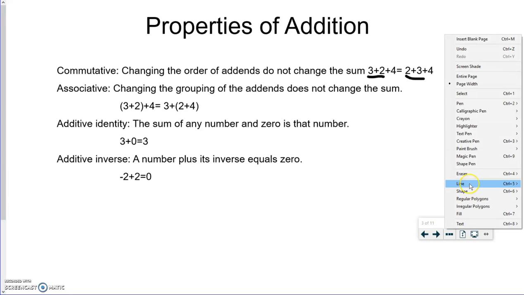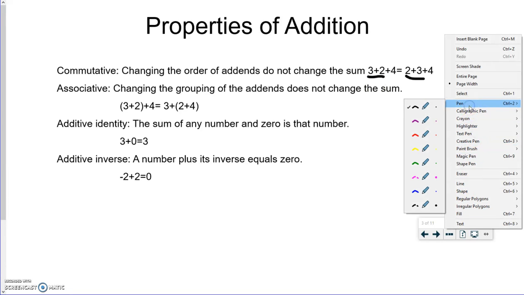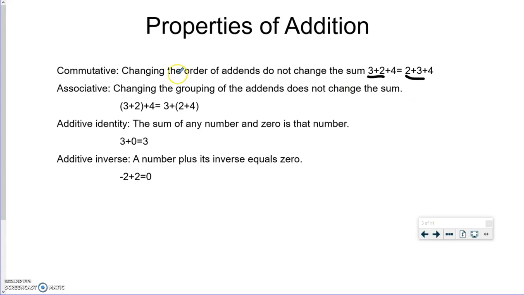Alright, moving on to the associative property. The associative property states that changing the grouping of the addends does not change the sum. For instance, 3 plus 2 is 5, and if I add 4, then I'll get 9. In the same idea, I can move my parentheses around the 2 and the 4.